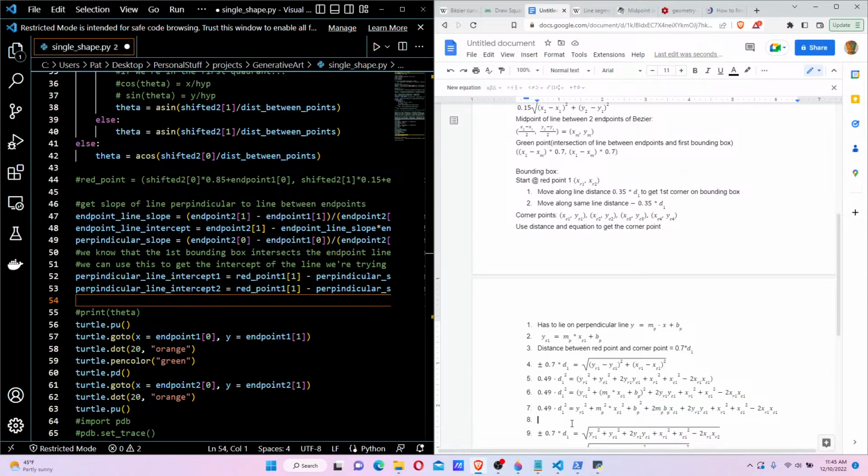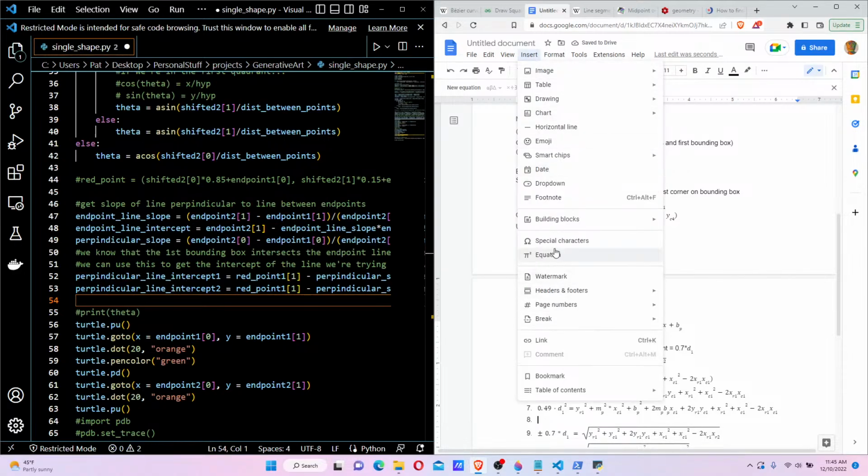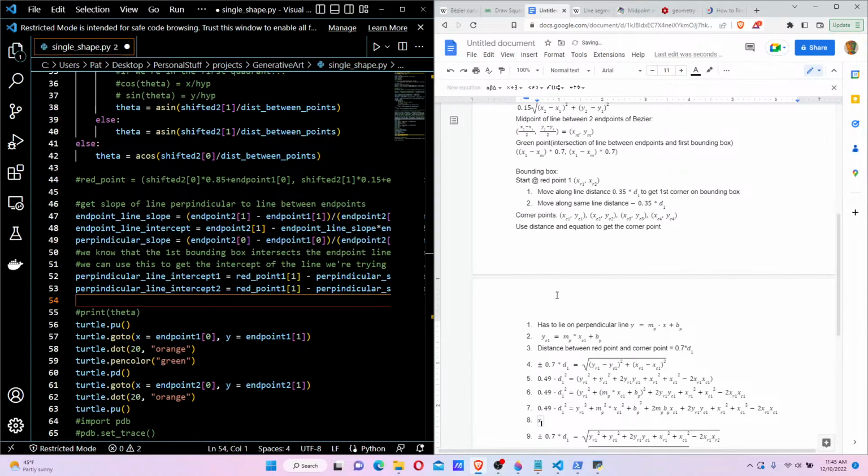So, insert equation. So x sub c1, x sub c1, quantity squared, okay, and then this term gets multiplied by a.